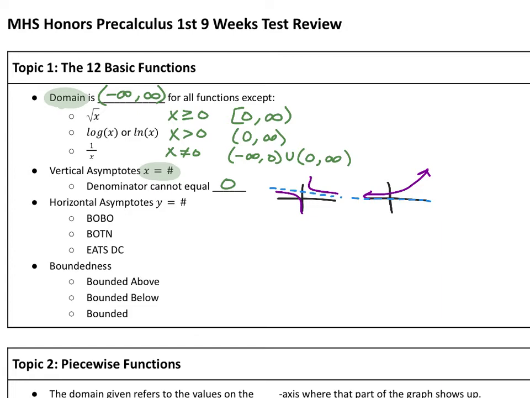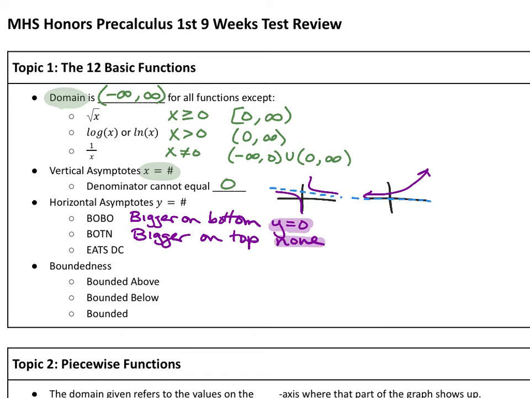It's y equals 0. But for your rational function, the acronyms that you can use to remember what type of horizontal asymptote you have are BOBO, BOTN, and EATS DC. BOBO stands for bigger on bottom, which means that your asymptote is y equals 0. BOTN stands for bigger on top, and that you do not have any sort of horizontal asymptote, so like you would say none or not available.